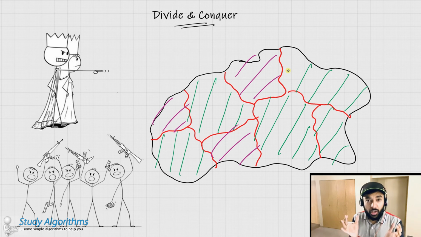You took up your actual problem to occupy the entire land. You split it up into small pieces, easier problems. That means you're dividing. You are capturing these territories one by one, that is equivalent to solving small problems, and then you are conquering the territory as a whole. So this summarizes your divide and conquer method of solving a problem.